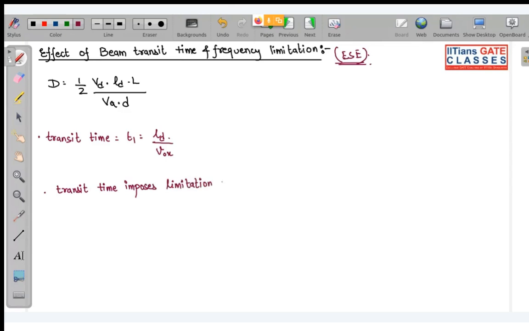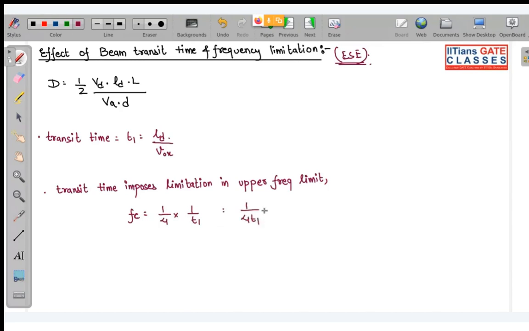Basically this is one-fourth into 1 by T1, or 1 by 4T1.